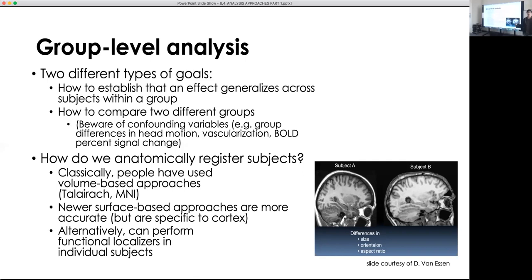Like V1 is V1 is V1. I don't have to match the size of my V1 to your V1; we can use some anatomical or functional criteria to find it, and then we're good to go. So again, these are issues that immediately arise even if you do the simplest possible analysis, that activity is higher in one condition than another.